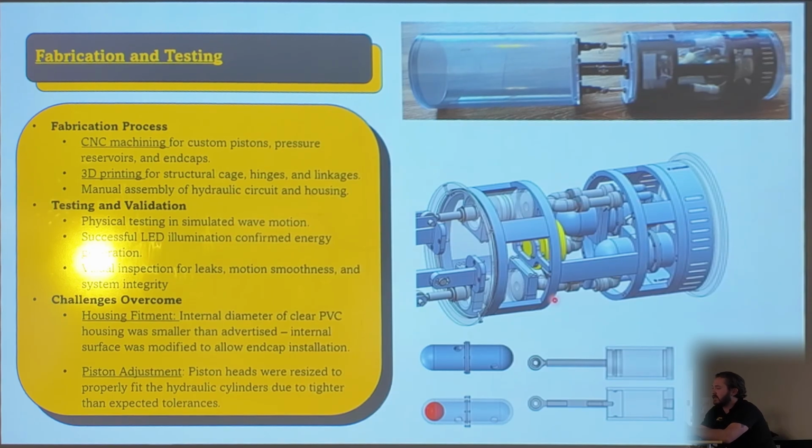I had to use a Dremel to increase the diameter on the inside of the housing so that it would fit my custom end caps, because I had those machined and couldn't reorder them since that was not accounted for in the budget. And for the pistons, I took my custom piston heads, which are these guys here, and just sanded them down until they fit inside of the tube.